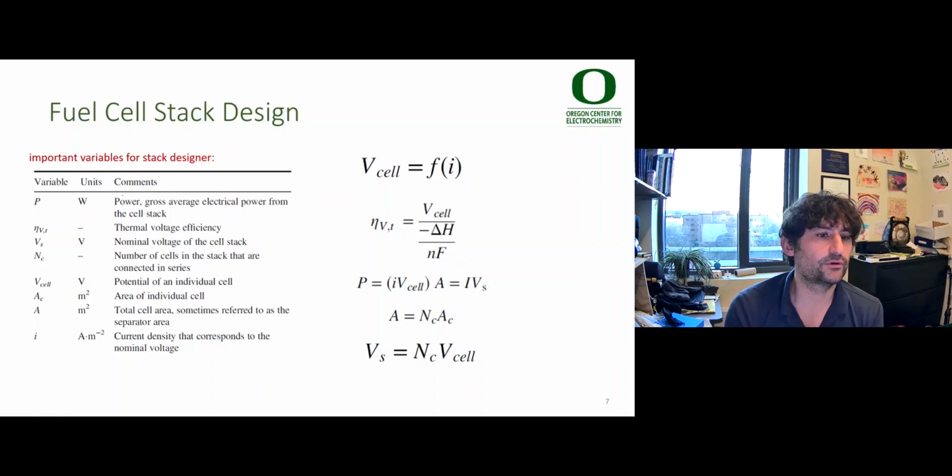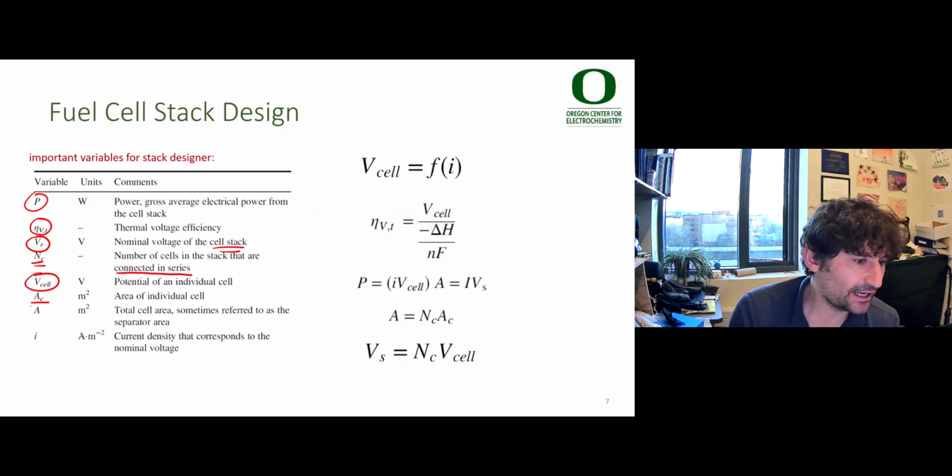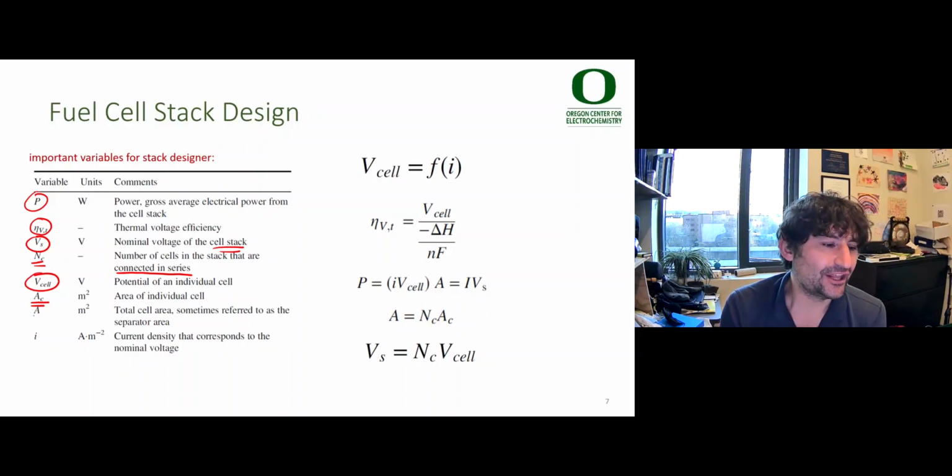So some of the important variables for a stack designer that we care about are, of course, the power, the thermal voltage efficiency, the nominal voltage of the cell stack, that's the entire stack, the number of cells in the stack that are connected usually in series using the bipolar plates, the voltage generated by an individual cell, the area of an individual cell, and the total area.